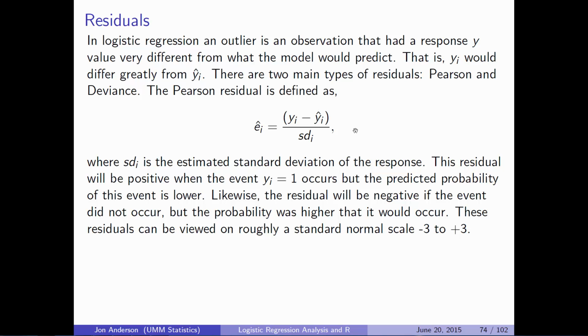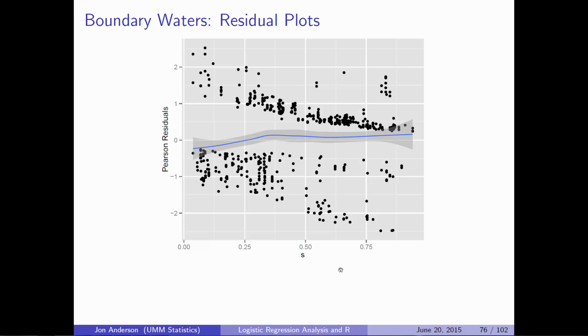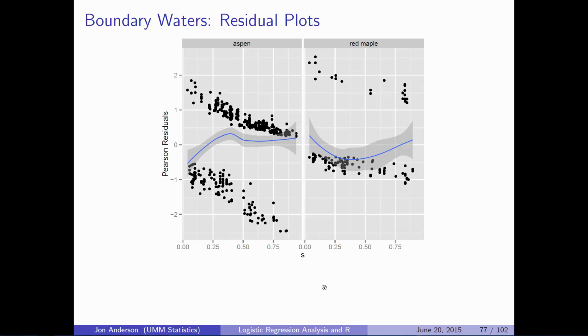And that might be a way to get an unusual residual. So outliers can be expressed through residuals, and you can plot residuals against the log of diameter, against severity, against severity broken by species of tree.